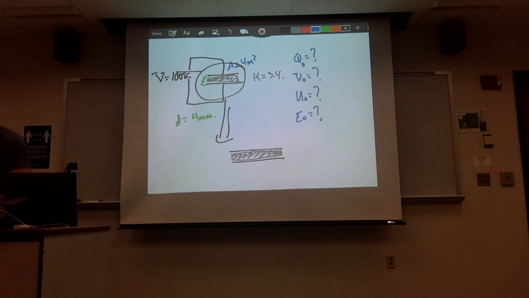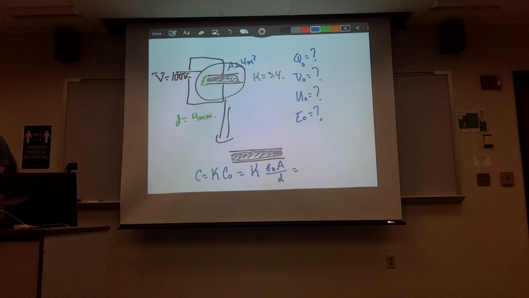So let's talk about the capacitance. First of all, we know the capacitance is simply equal to the dielectric constant times the initial capacitance, which is then going to be equal to the dielectric constant times epsilon naught times the area divided by the distance. So this is my capacitance of my system.